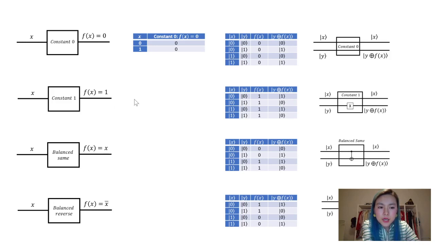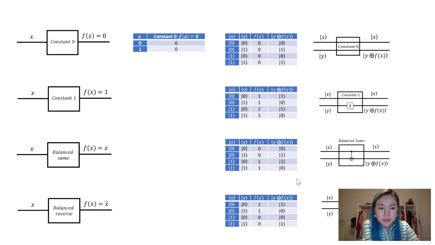But if you had a constant one, you will notice that it is the opposite of y. So all of these qubits got flipped for y. Then you know, okay, I'm gonna put an X gate on this second qubit to get this kind of truth table.